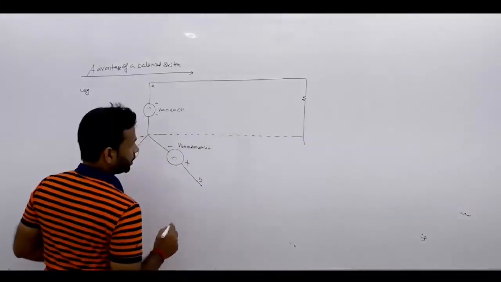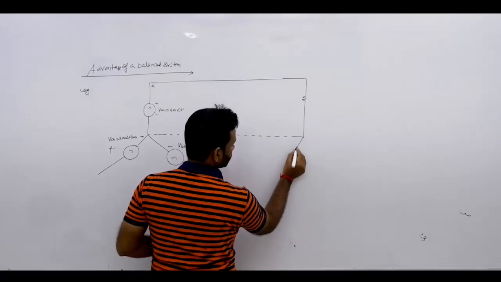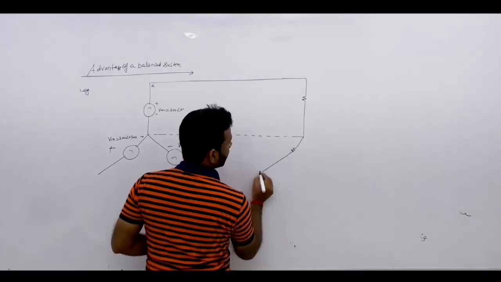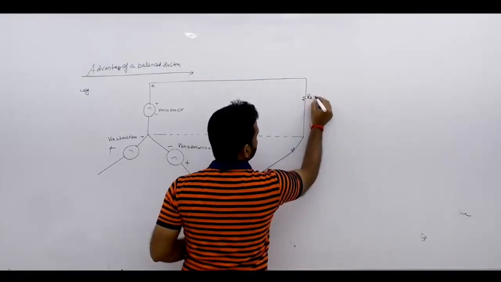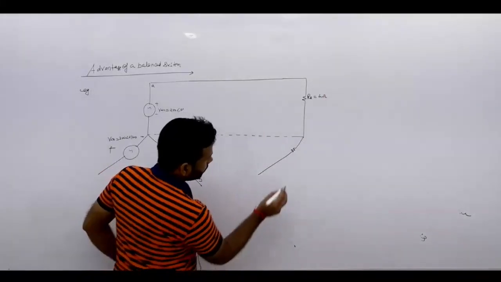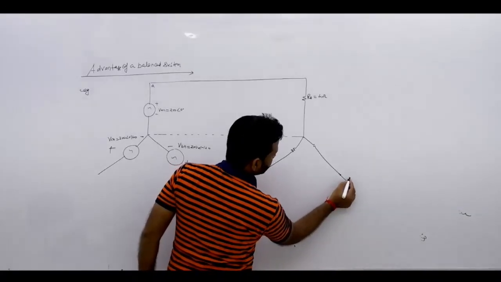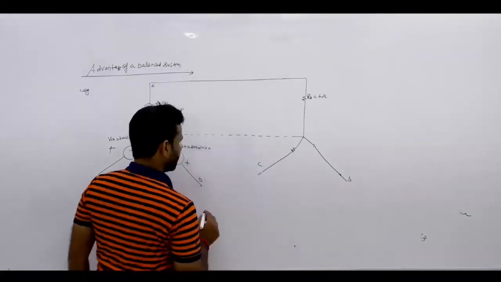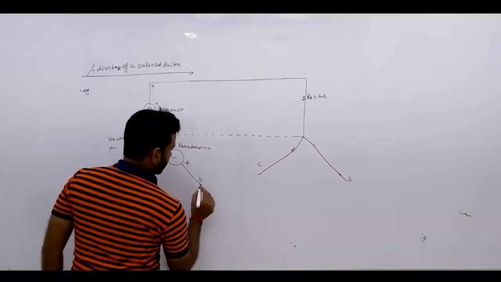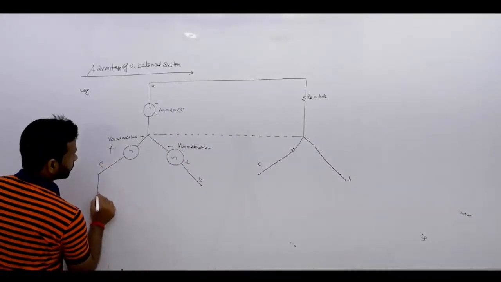Then we will have the A phase as 4 ohm. Then we also have phase B and phase C. So let's draw the diagram. I just want to connect this.